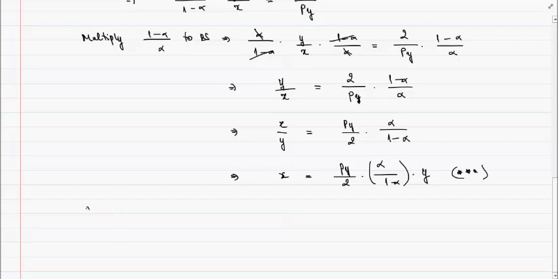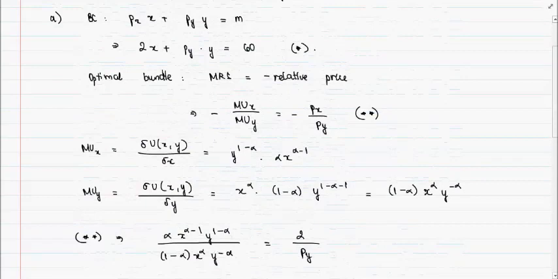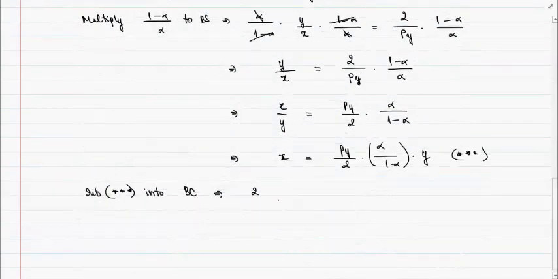Okay, so now if I substitute the 3-star into my budget constraint, then I will get, so my budget constraint is here, where 2x plus py times y equal to 60, which is the income, and I know that x equal to py on 2 times alpha on 1 minus alpha times y.